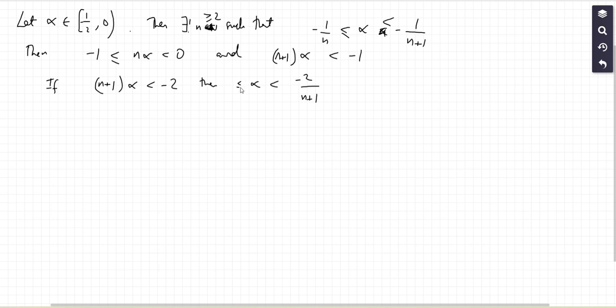But it's also greater than or equal to minus 1 over n. So 1 over n is then greater than 2 over n plus 1. And this is the same as before, so n plus 1 is then greater than 2n, and 1 is then greater than n, which is a contradiction.